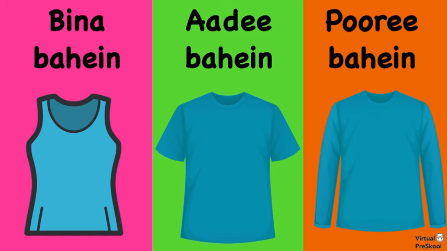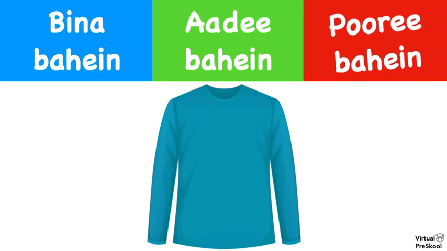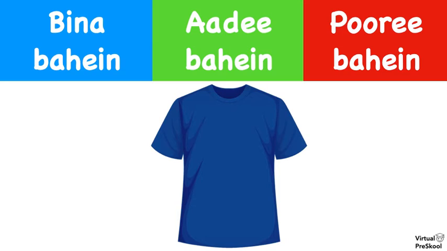So now let's do some practice problems. Take a look at the picture and decide if it's bina bahe, adi bahe, or puri bahe, and say your answer out loud. And before showing you the answer, I'm going to give you a few seconds for each picture to make a decision. This one is puri bahe, full sleeves. What about this one? Bina bahe, adi bahe, puri bahe. This one is adi bahe, half sleeves.